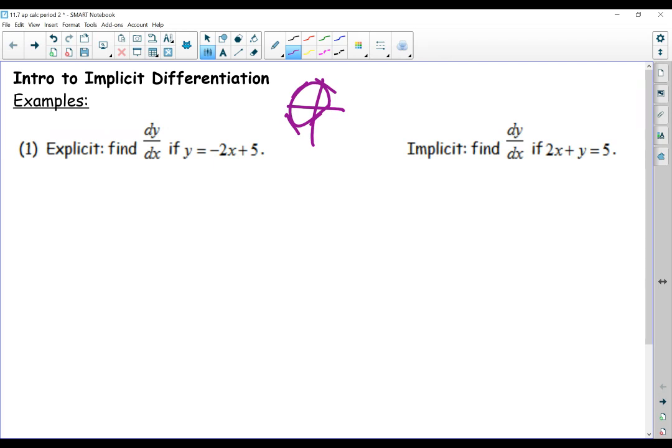So we're going to talk about the difference between implicitly defined and explicitly defined equations and how we find the derivative of each one. Specifically today, how do we find a derivative expression for implicit equations, and how do we use that to solve problems? That's our goal today, so let's get on it.